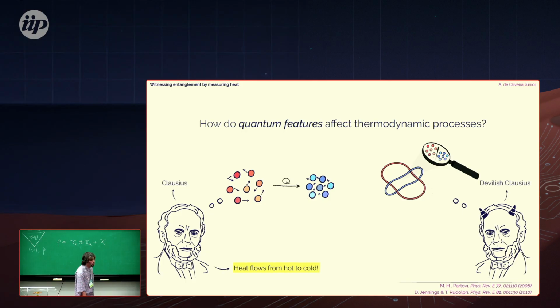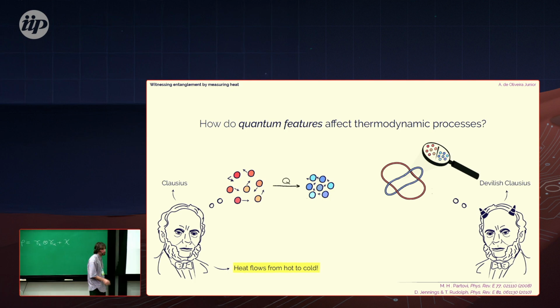But then we could ask another question: are those features really quantum? If I allow myself to bring in another system which will not interfere with the dynamics of system 1 and system 2, but will act as an intermediary of this transformation, could I say what is the nature of this correlation?